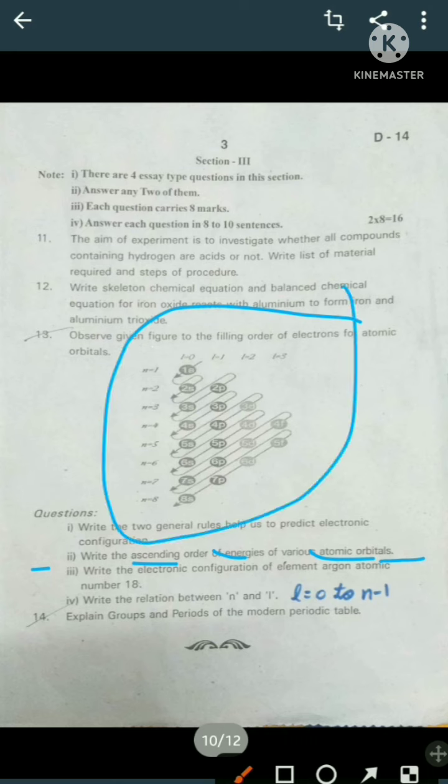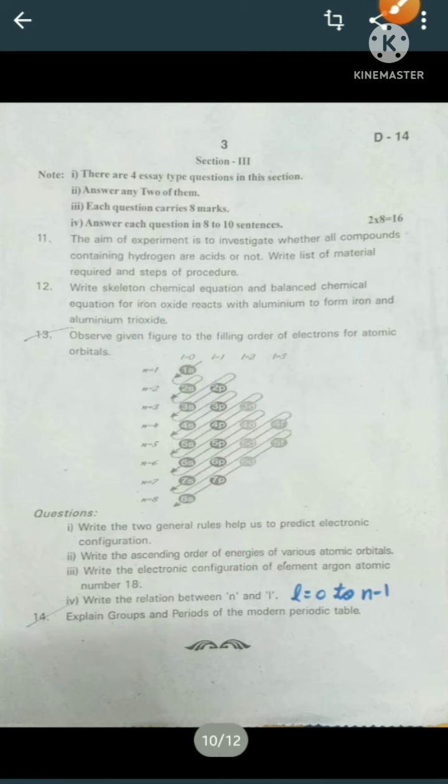Ascending order means small to big, so whatever is shown to you in the diagram, you should write like that. The arrows are shown, that you have to see and write.